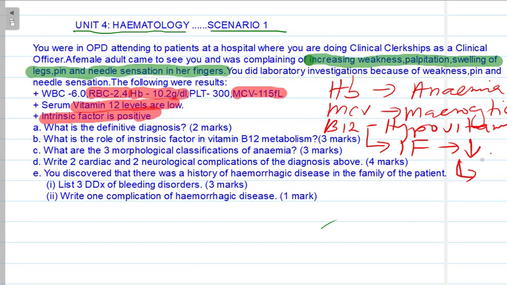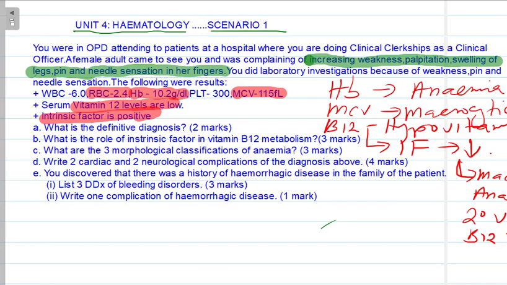This picture shows us macrocytic anemia secondary to vitamin B12 deficiency. So that's the picture that we have gotten. This is macrocytic anemia secondary to vitamin B12 deficiency.